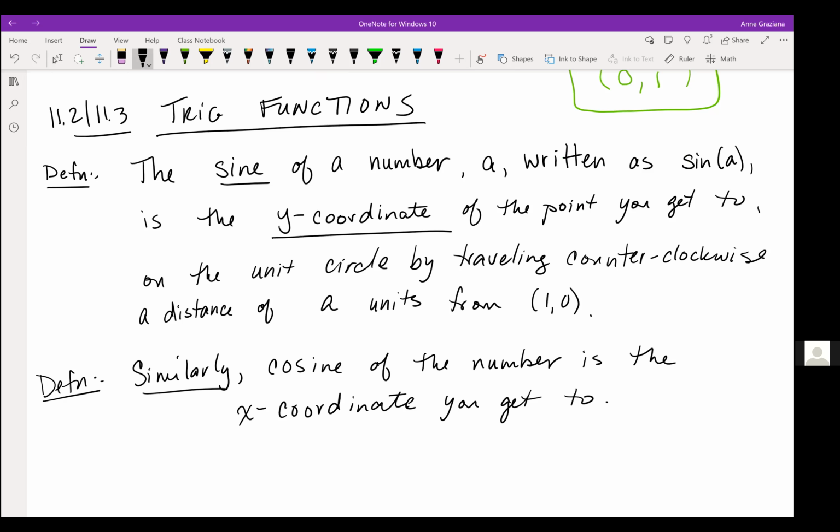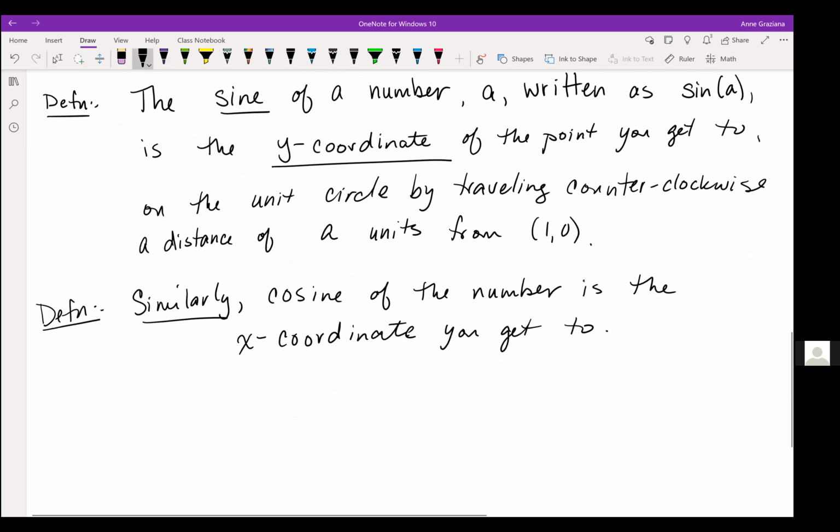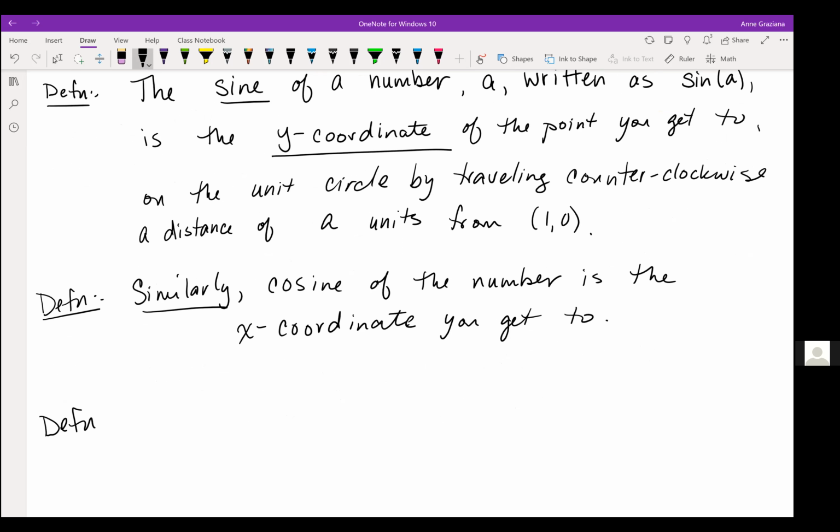Now, just because I think it's good to put all of this together, I'm also going to talk about tangent. My third definition is tangent.